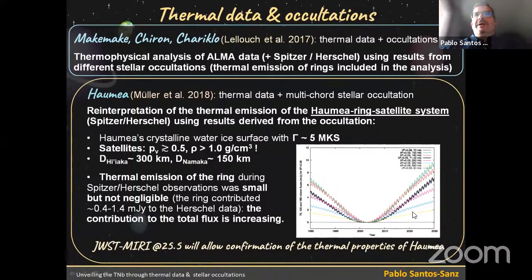Okay, we are here. So the contribution of the thermal flux due to the rings to the total flux is increasing. This means that now we can use James Webb with MIRI at 25 micron to confirm or rule out if the properties and thermal properties that we obtained for Haumea and the Haumea system are real or not.